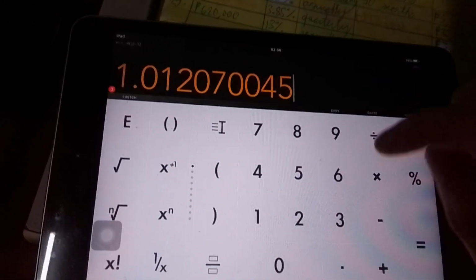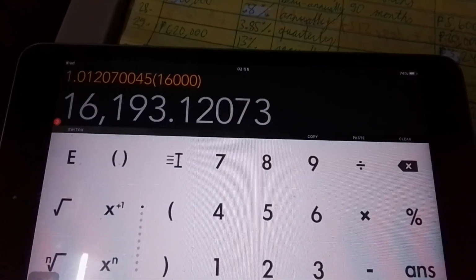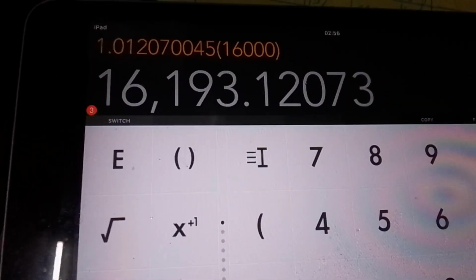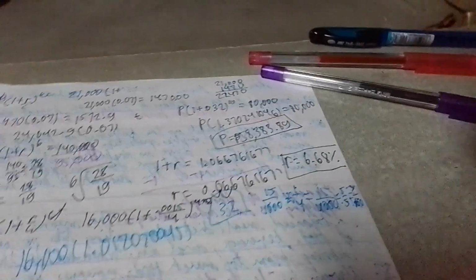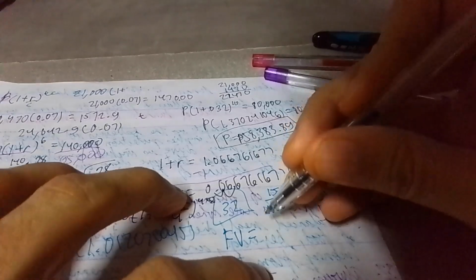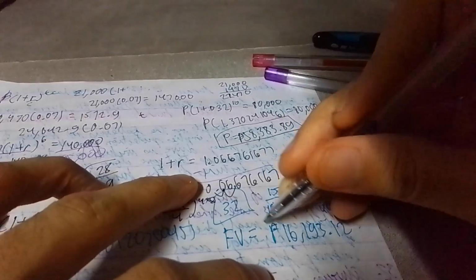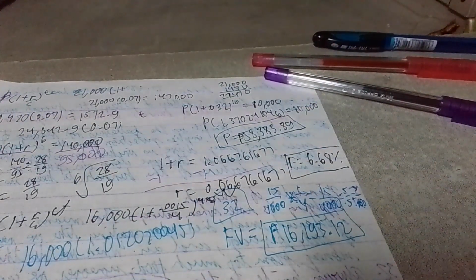Then we multiply our answer by the principal, which is 16,000. Doing so will give you the future value of 16,193.12. So our future value, FV, is 16,193.12. Okay? That is the future amount.